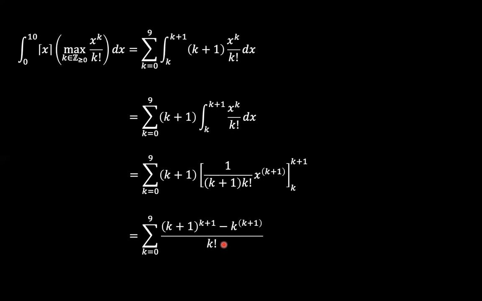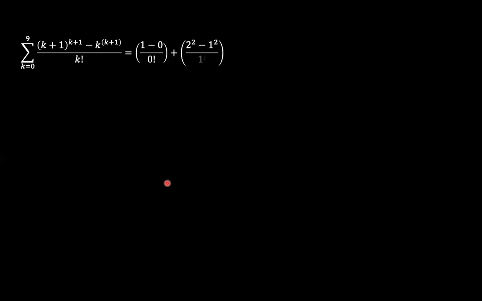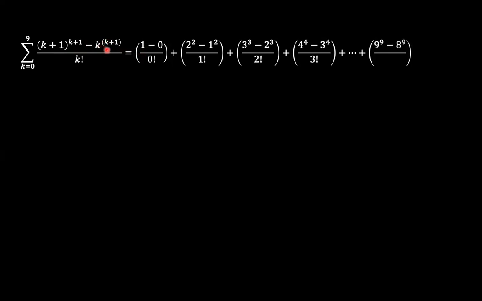Now this is a telescoping sum or series, and I'll show you why. So if we go and inductively show this summation: for k equals 0, k plus 1 is 1, so 1 to the power 1, and k here is 0, so 0 to the power 1 over 0 factorial.